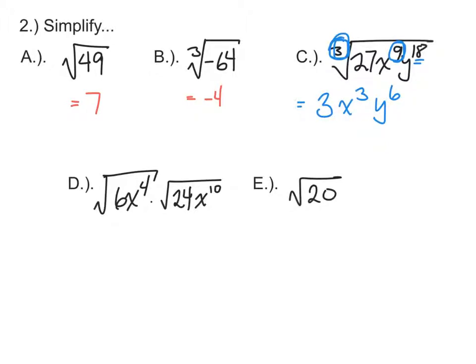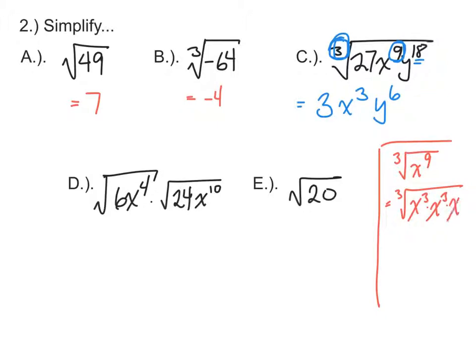For a little bit more explanation on that, let's go back to that cubed root of x to the 9th. See, x to the 9th can be written as x to the 3rd times x to the 3rd times x to the 3rd, because when we multiply exponents, we add their powers. 3 plus 3 plus 3 is 9. Now, finding the cubed root, we would find the cubed root of each of these factors.